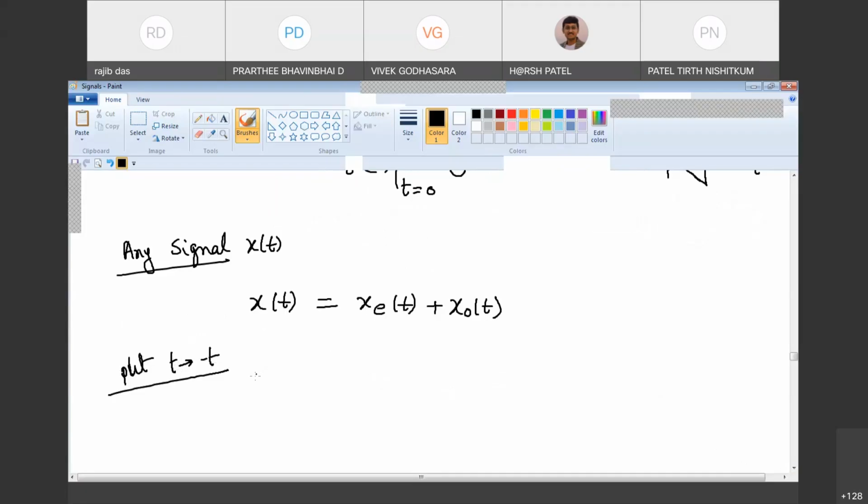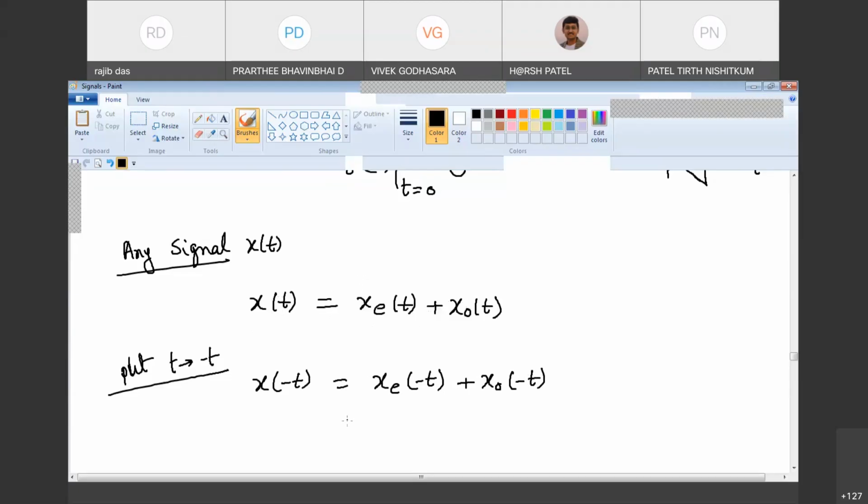In that case, what will you get? On both sides, the left side will become x of minus t, and the right side will become x_e of minus t plus x_o of minus t, because this signal is true for all time. For negative time, every time, all time it is true. So now replace t by minus t.